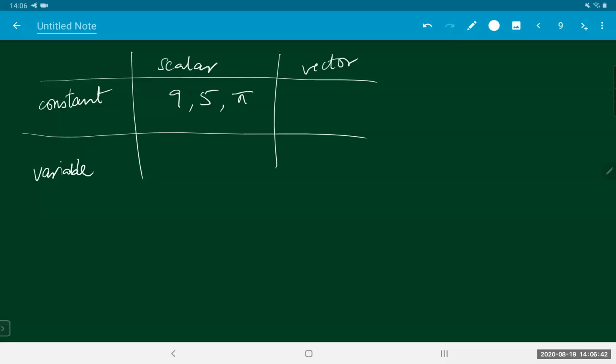How about a constant vector? i cap or any unit vector. Sure. This or something like this. What's a scalar variable?